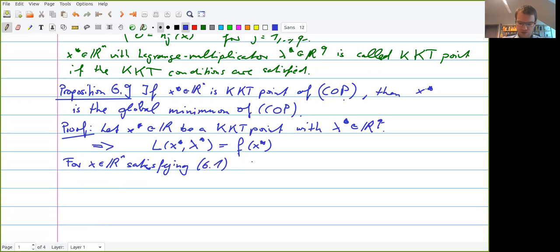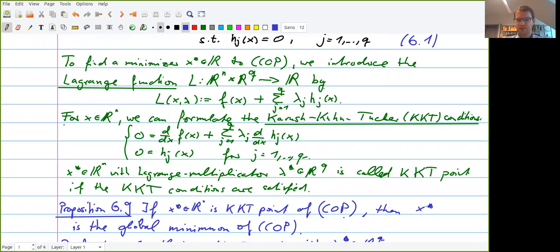Then I know that f is actually bigger or equal than the Lagrange function, by 2. Because if the linear constraints are fulfilled, this corrector term is just gone. So the penalization is gone because the linear constraint is fulfilled, and this is just the function f.